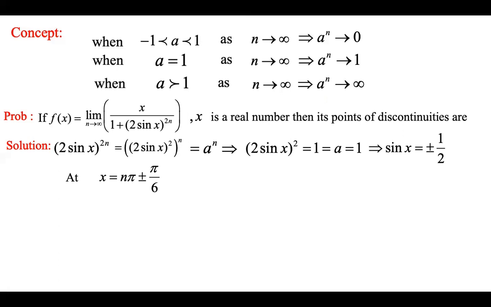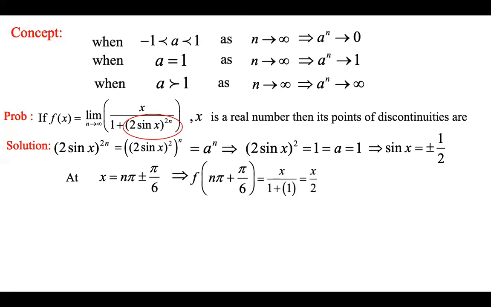We are supposed to break there. So at x equal to n pi plus pi by 6, f of n pi plus pi by 6, sin x will be plus minus 1 by 2. So 2 sin square x will be 1, which means a is becoming 1 there.